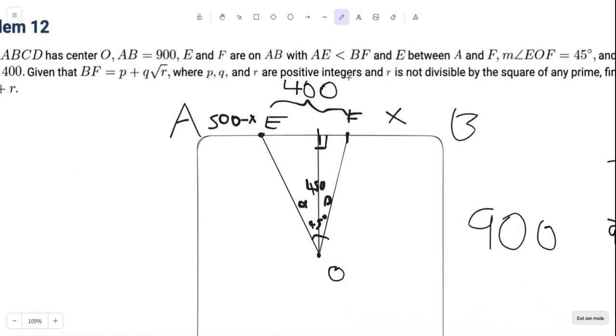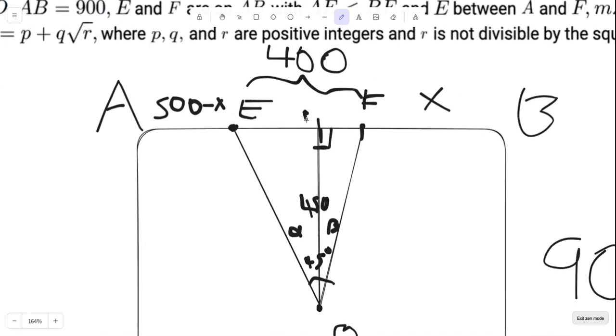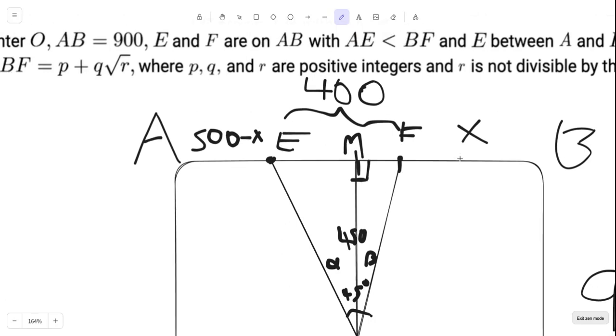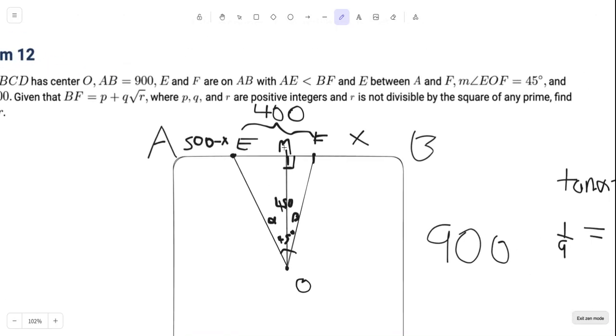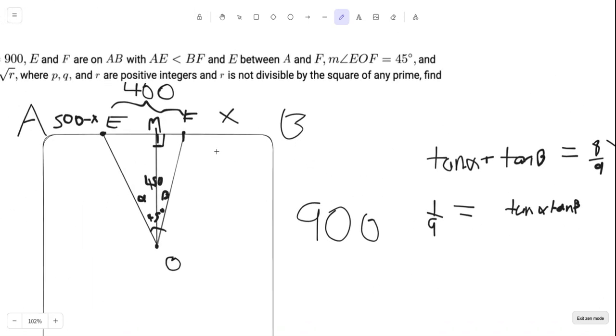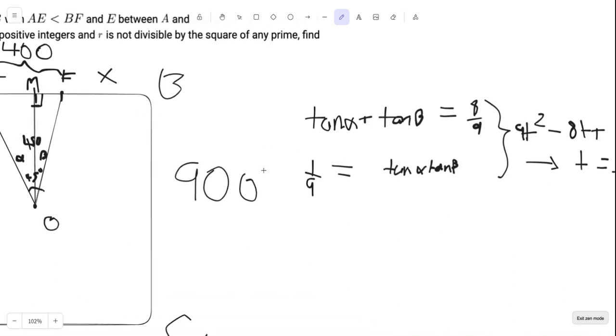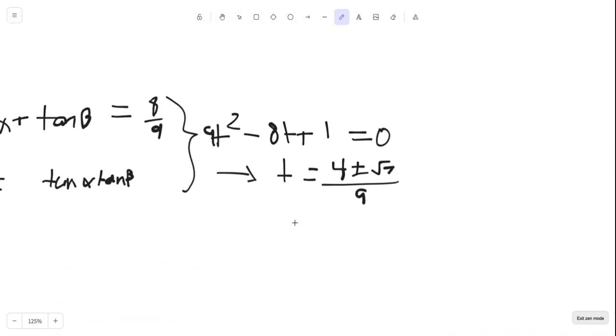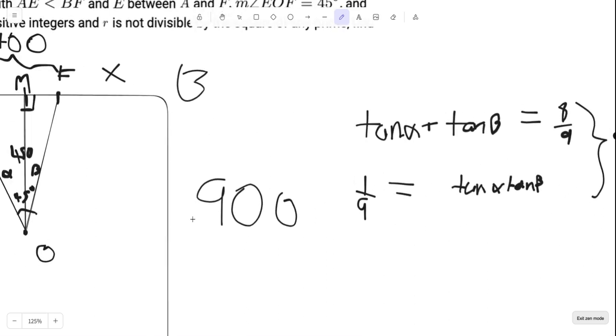If AE is less than BF, and I let M be the midpoint, then MF must be less than EM. It's closer to the midpoint, so the tangent of angle alpha on the left is going to be the greater root, because EM is greater than MF. So the positive solution is tangent alpha, the negative is tangent beta.